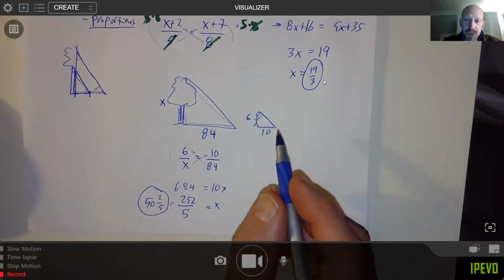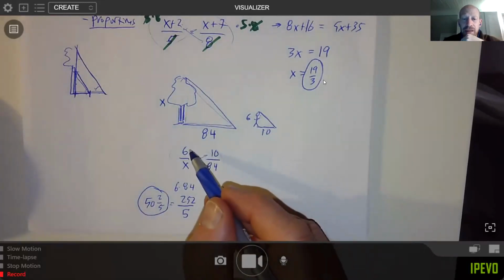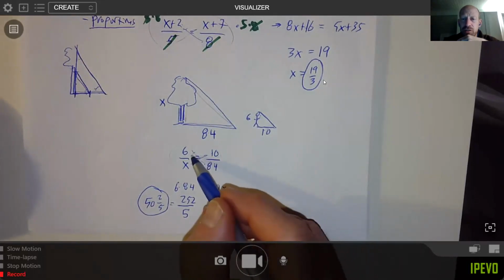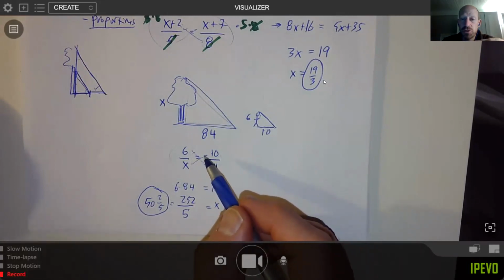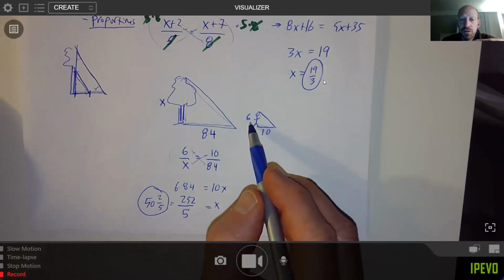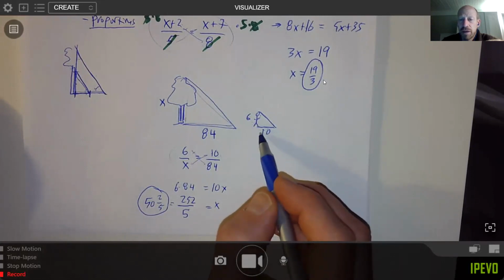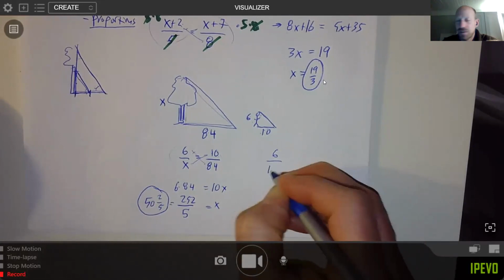One thing that I think is nice about proportions is that you don't have to set up this exact proportion. As long as both of these fractions are comparing the same things, the proportion is going to work out. So it's quite likely that someone else who did this problem might say, well, the 6-foot person, I could compare that to their shadow. So 6 feet to 10 feet, right?